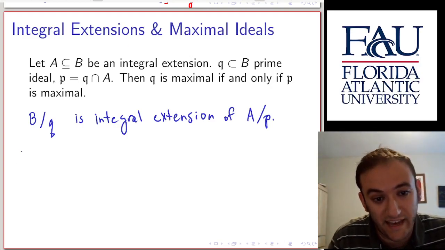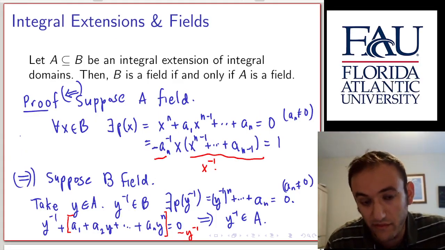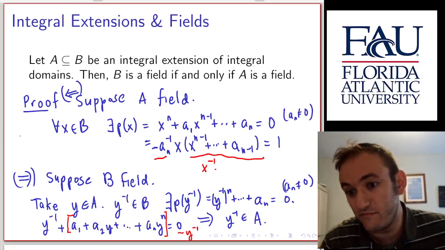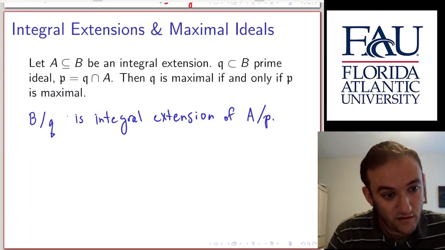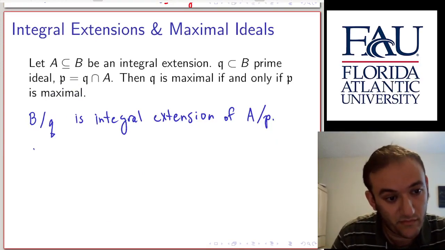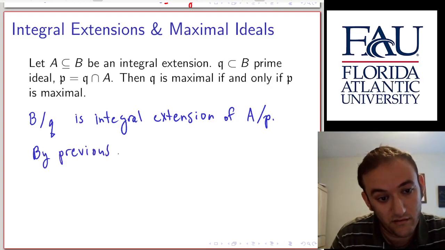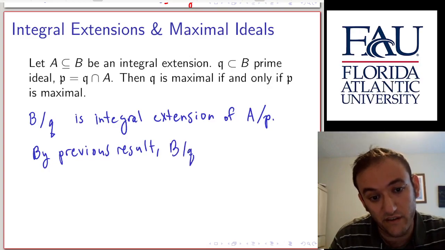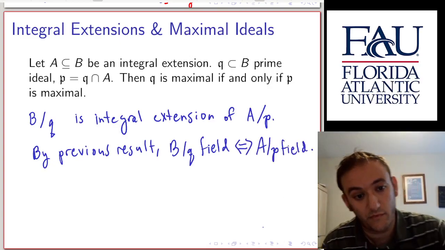And that means that, based on the previous result, the bigger ring is a field if and only if the smaller ring is a field. So by previous result, B mod Q is a field if and only if A mod P is a field. Okay.